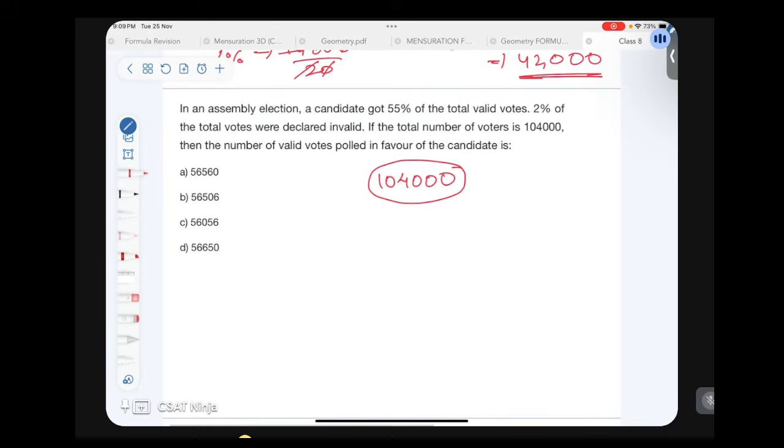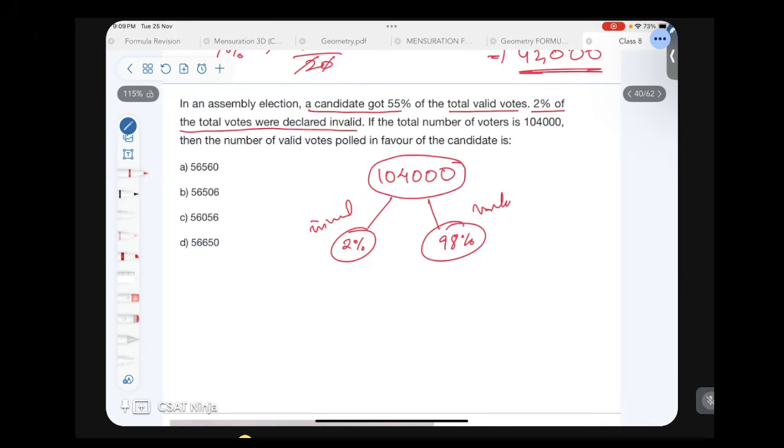The question says a candidate got 55% of the total valid votes, so there is a condition for valid votes. 2% was invalid, so 98% will be valid. From this valid vote, 55% is what the candidate got.